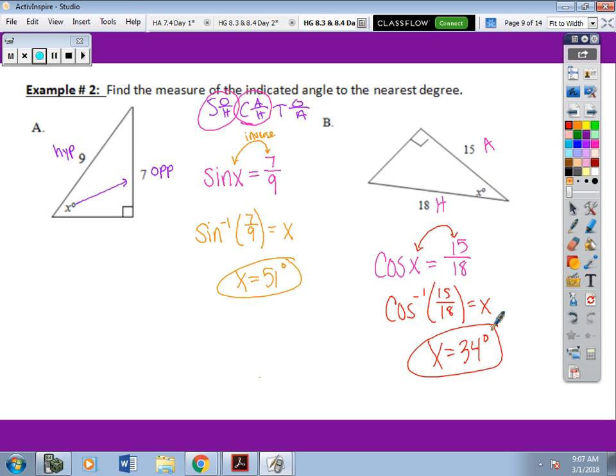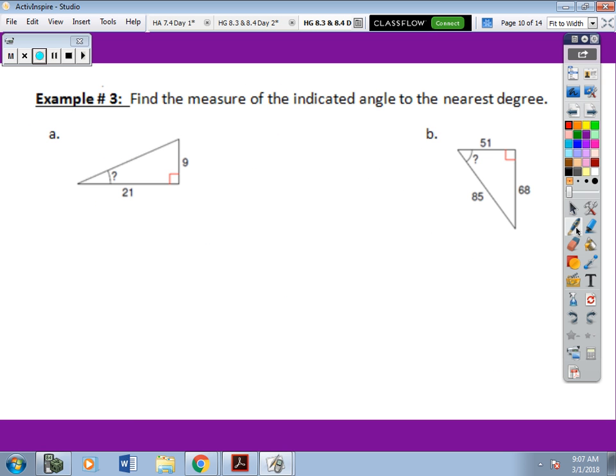All right, now I'm going to skip over example A right now. I'm going to have you guys do that in a second, but I want to go to example B, because this is one I kind of wish I would have put on the notes yesterday when we gave you 2 angles. So this one gives you all 3 sides. You only want to use 2 of them.